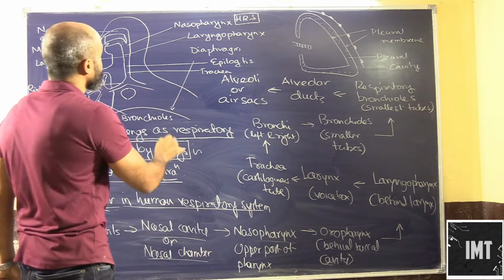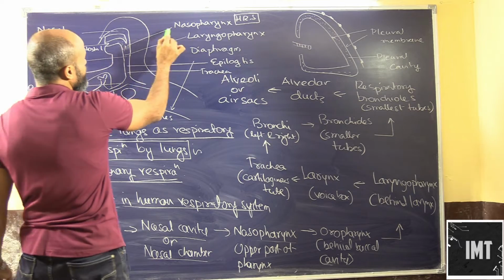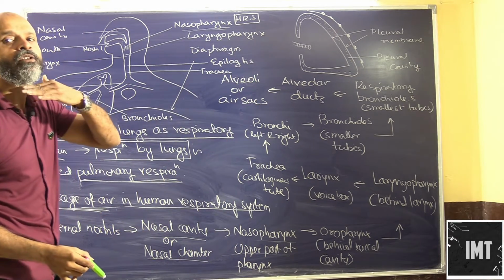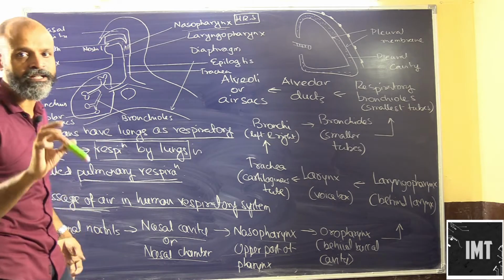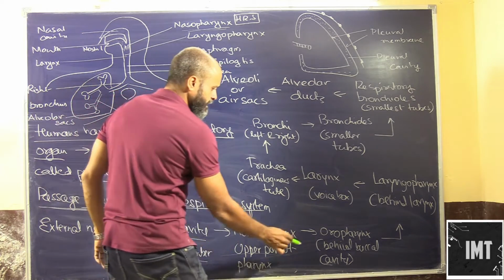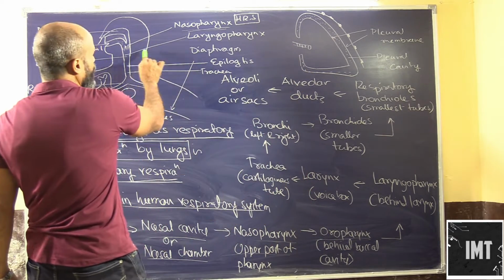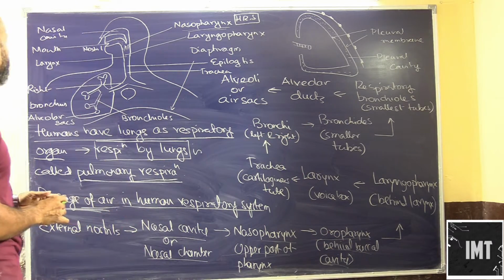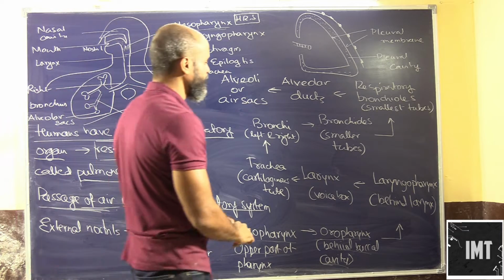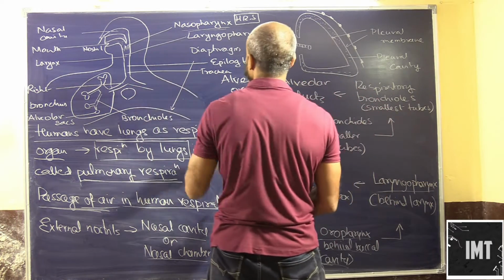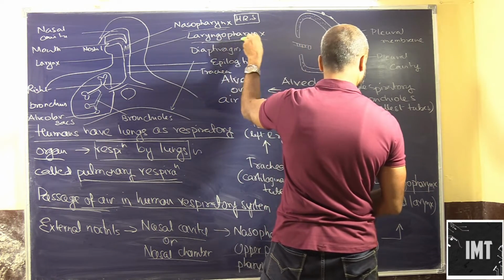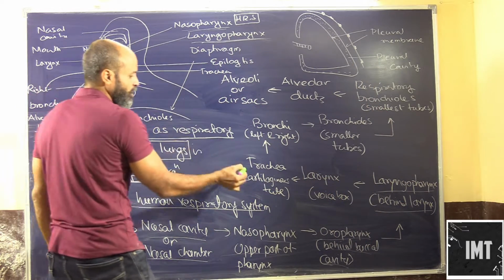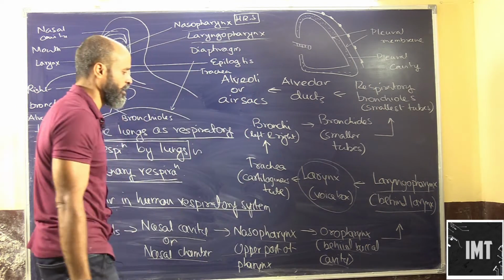Then it enters the nasopharynx, the upper part of the pharynx, and moves into the oropharynx, which is behind the buccal cavity. Then it moves into the laryngopharynx, behind the larynx, and then into the larynx, which is basically the voice box.